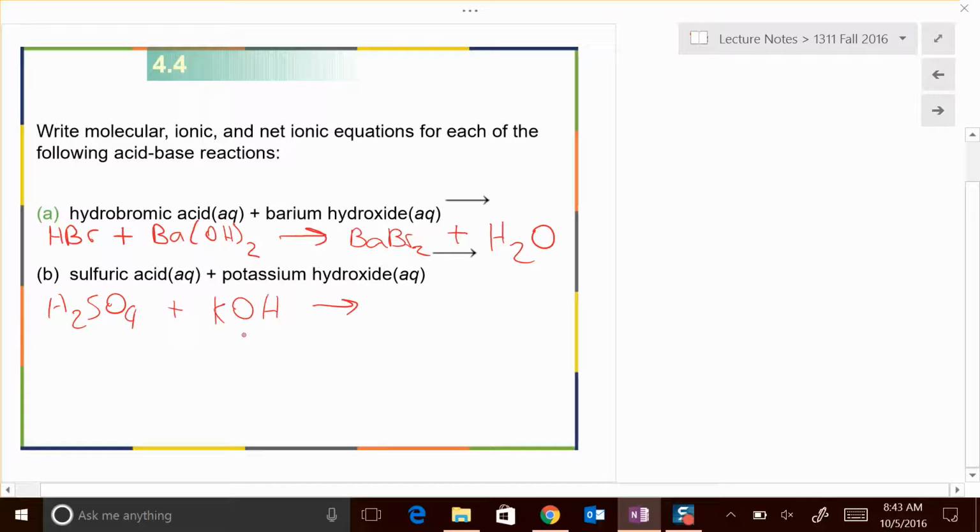Is it KSO4? Okay, potassium sulfate and H2O. Okay, because a hydroxide is going to pull each of these off, and then we could balance it, of course, but those are going to be the products of this reaction.